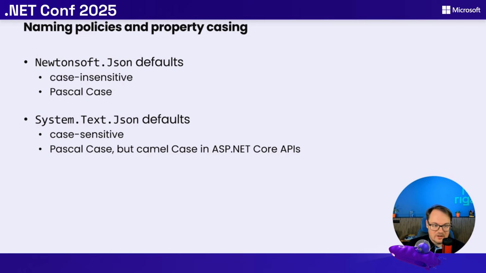We had one scenario where we changed the casing in ASP.NET Core accidentally. So suddenly the API endpoints started to return different property names, which were different by the uppercase letter in the beginning. And because our client was written still in Newtonsoft.Json, we didn't notice that, because Newtonsoft.Json by default is case insensitive when reading the JSON.